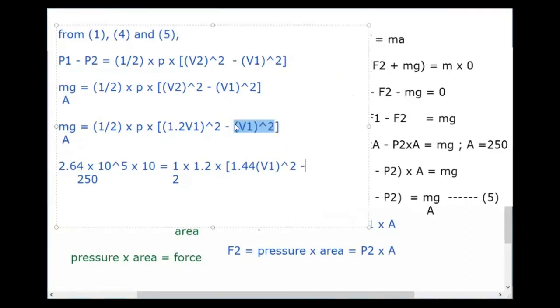Without writing just V1 square, is it okay if I write like this, 1 into V1 square? Is it okay or not?